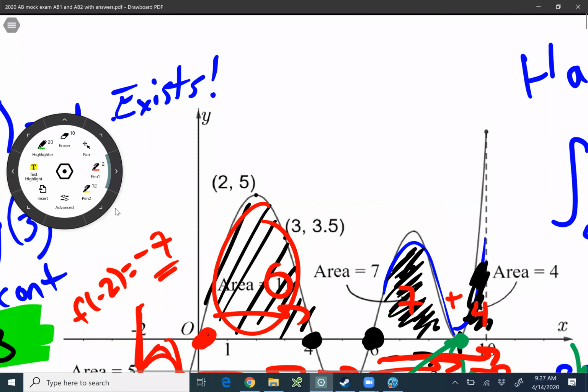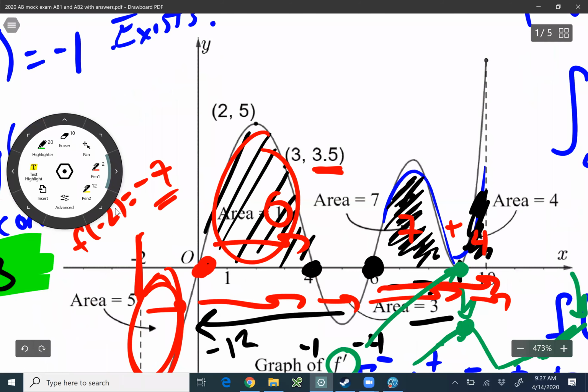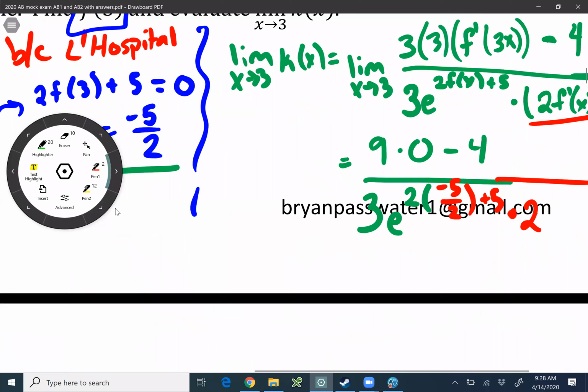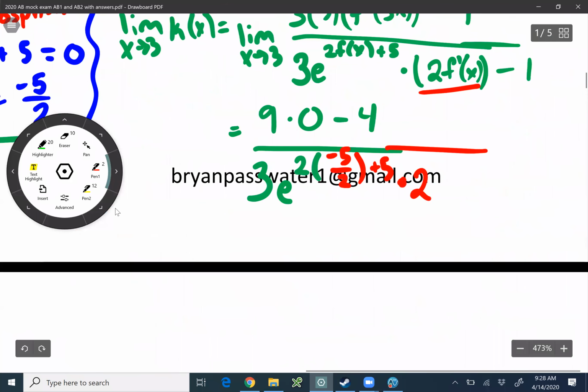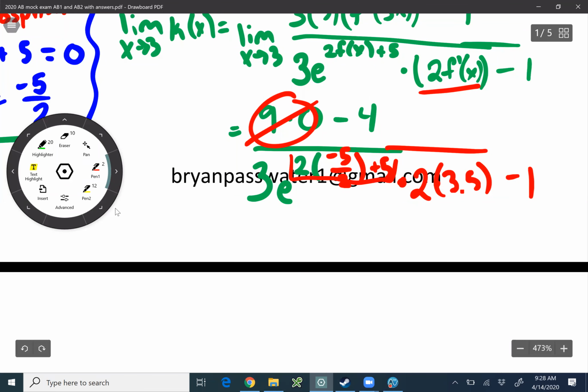Okay, f prime up here on the graph they gave us was 3.5. So times 2 times 3.5, and then minus 1. So again, this whole part up here went to 0.